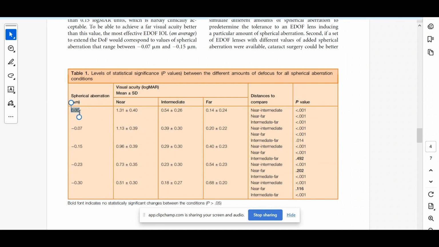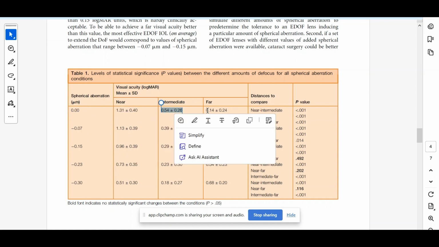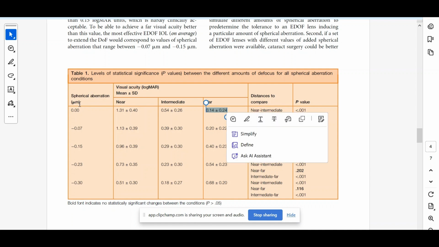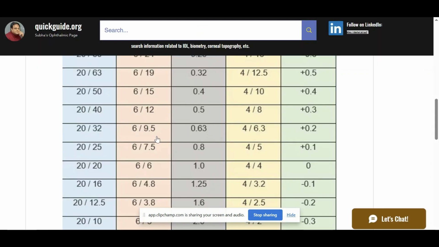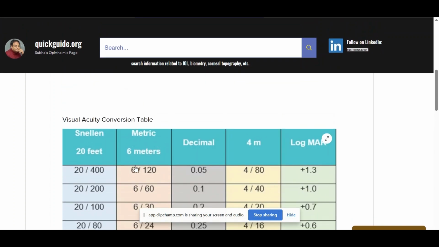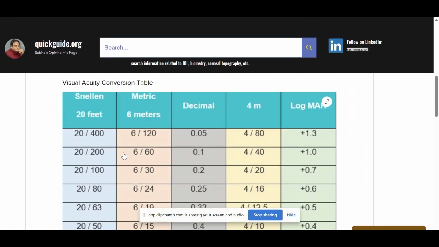when you don't add any spherical aberration, the near vision is around 1.31 logMAR. The intermediate is around 0.54 logMAR, and the far is around 0.14 logMAR, right? So this is without adding any spherical aberration. And I can show you a chart, which in my blog quickguide.org you will find, of the conversion between logMAR and Snellen visual acuity.